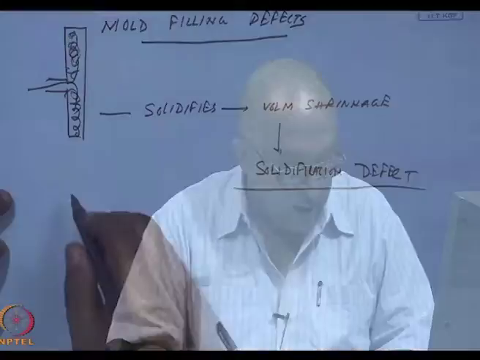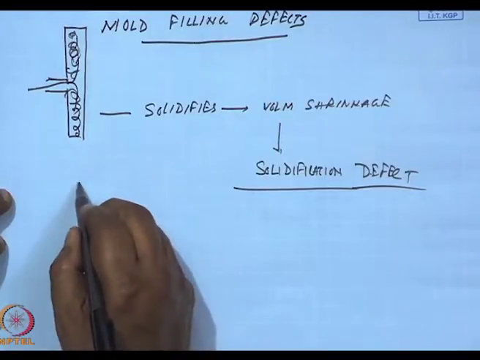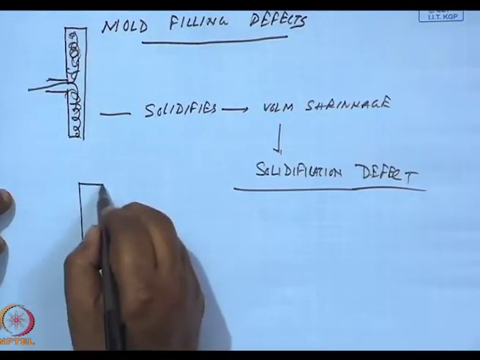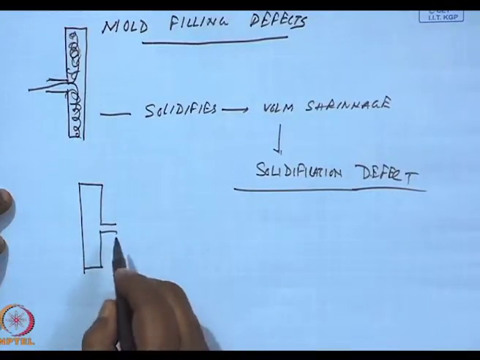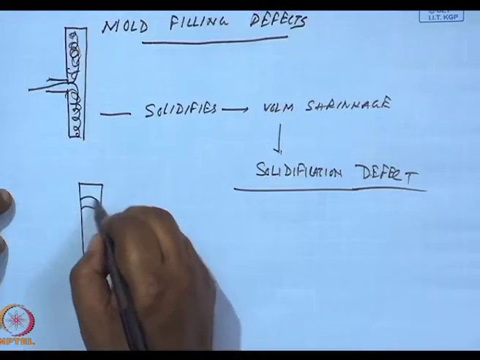One of the ways is to ensure that in a mold, as it fills up, filling up is uniform.